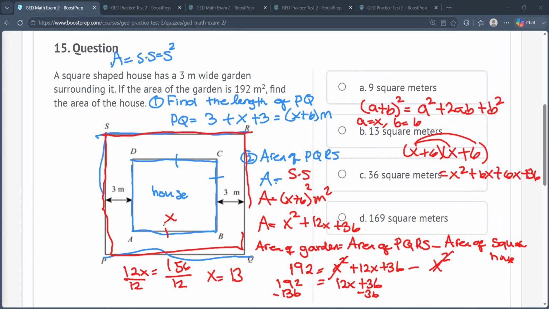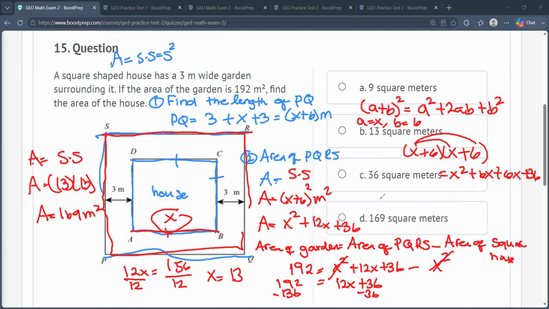No. Now we just found the length from A to B. So let's find the area of the house, which is technically a square. What's the area of a square? S times S. We said that one of our side lengths was 13, so 13 by 13 gives us an area of 169 meters squared.